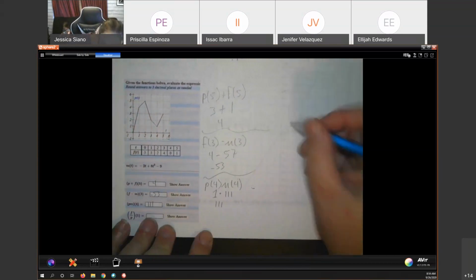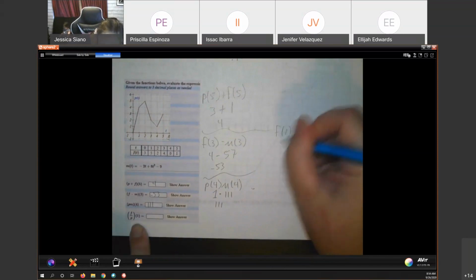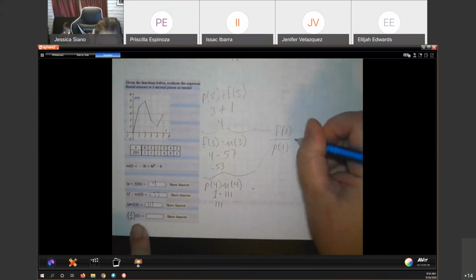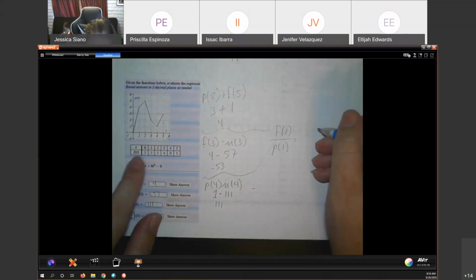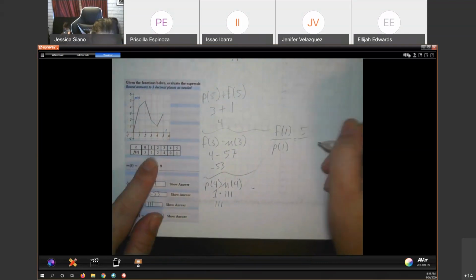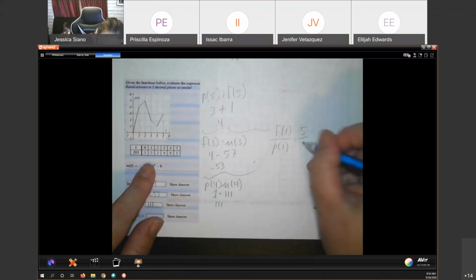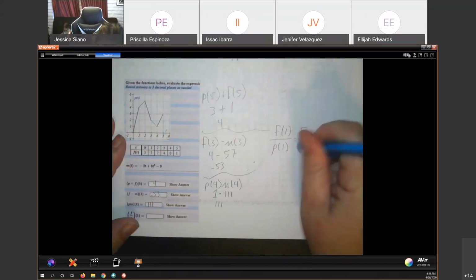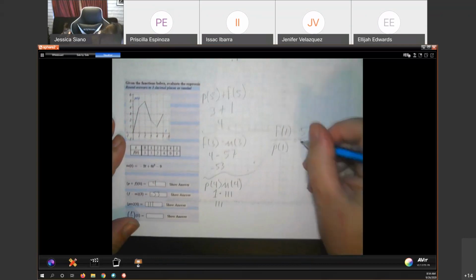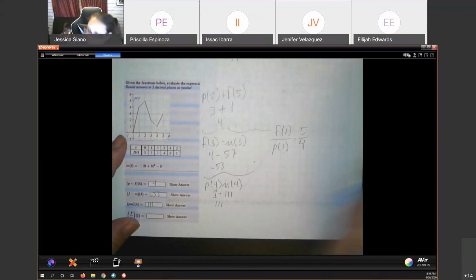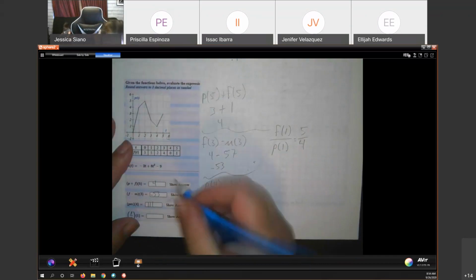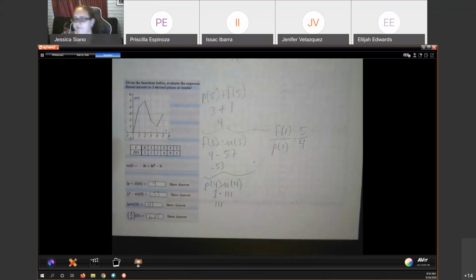And then F of 1 divided by P of 1. Let's see, F of 1 is 5. P of 1 is 4. Three decimal places, well, 5 over 4 is 1.25. Okay.